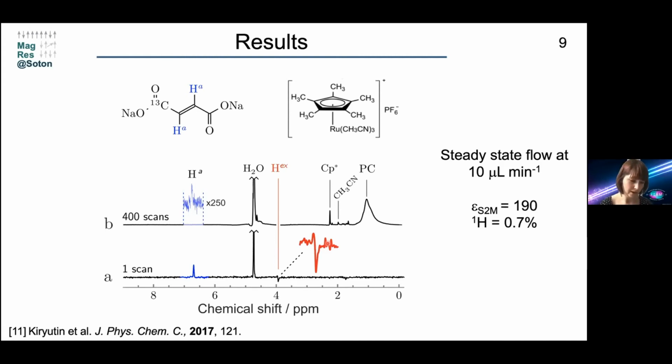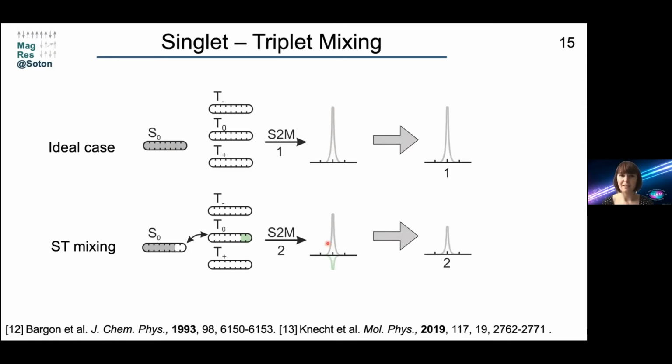If the residence time in such complexes is long enough, the nuclear singlet state will leak into the triplet state. This is called singlet-triplet mixing, and it was already discussed at this conference in the context of SABRE yesterday, and I think the day before as well.